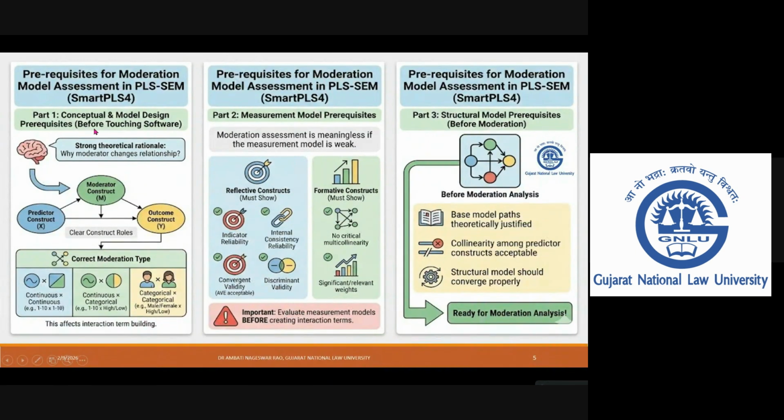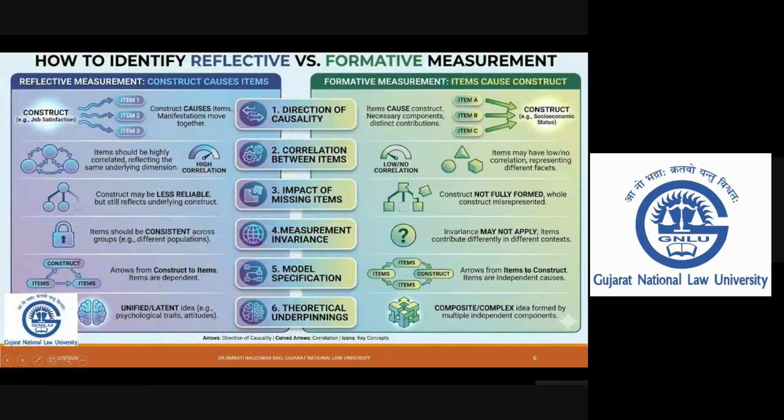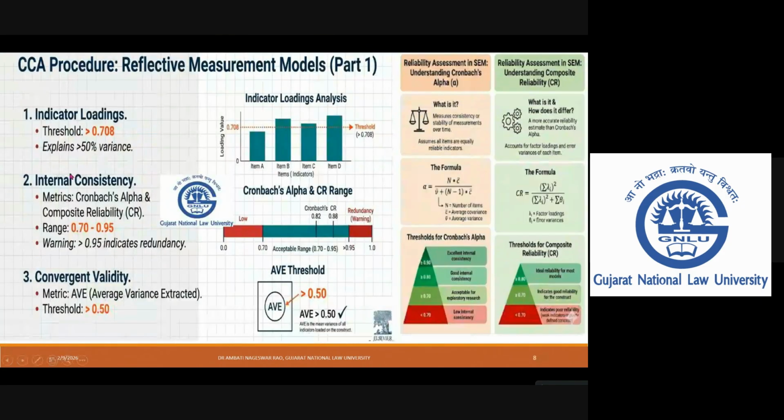So if you want to go for the moderation analysis, you have to ensure that we are able to do the measurement model. As a part of the measurement model, what are the things we have? We have indicator loadings.